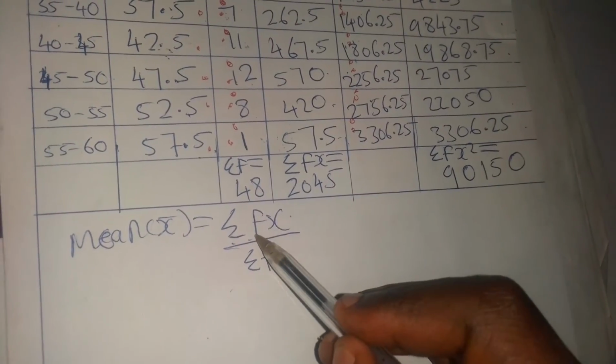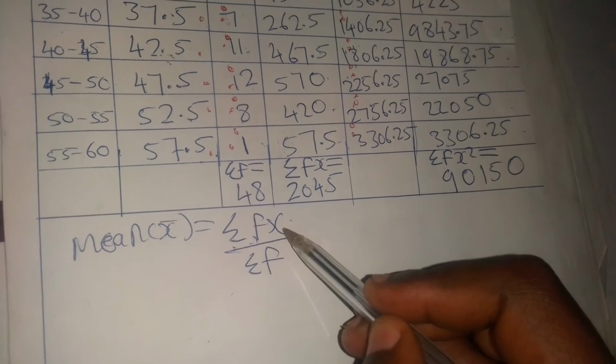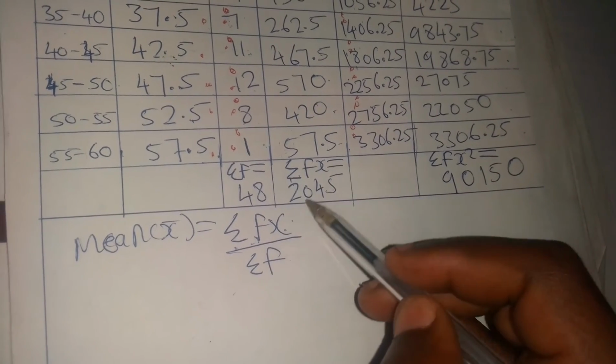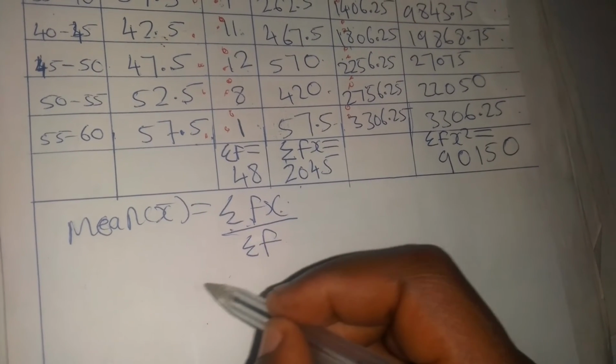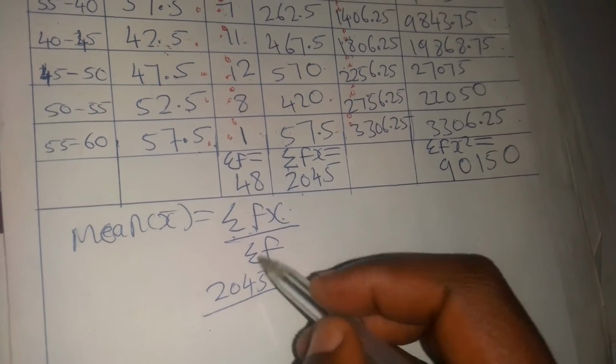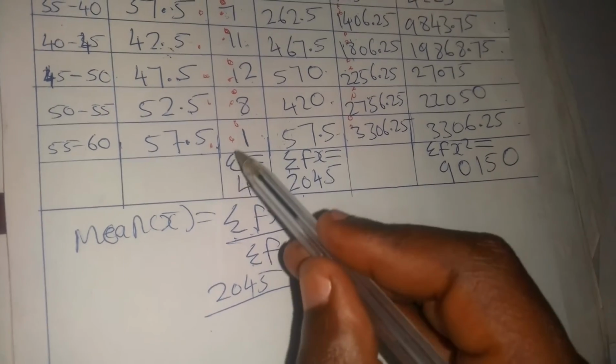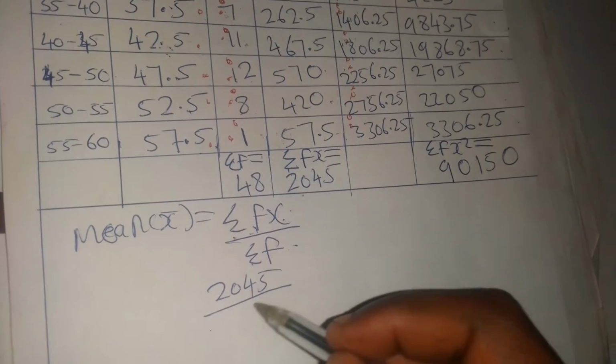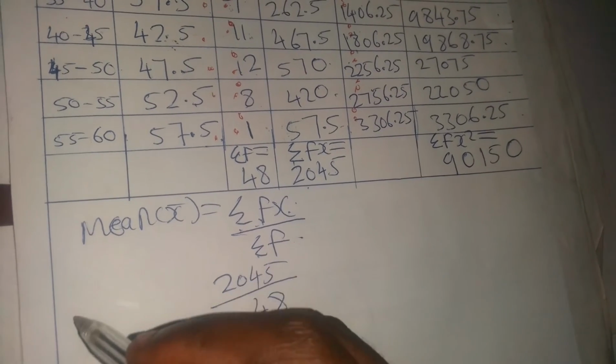So this sum fx, you see, that is 2045, over sum of f. Sum of f is 48.